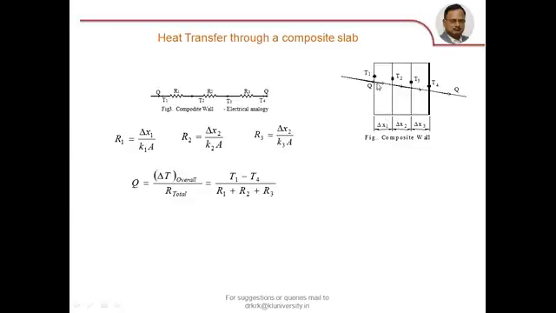Hence, the heat flowing through the material 1 should be Q, the heat entering into the material 2 should be Q, the heat leaving from the material 2 should be Q, heat passing through the material 3 should be Q. So the same amount of heat passes through these composite layers.